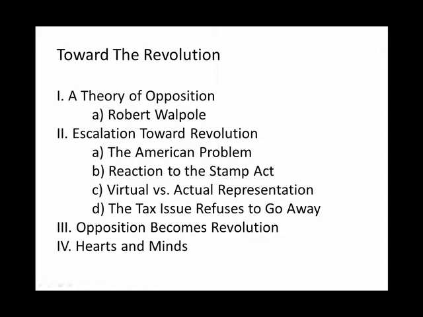Then we'll look at the way Americans and Parliament differed about what they thought the role of Parliament should be in America. And then finally we'll look at taxes again and how that leads to the Revolution itself.